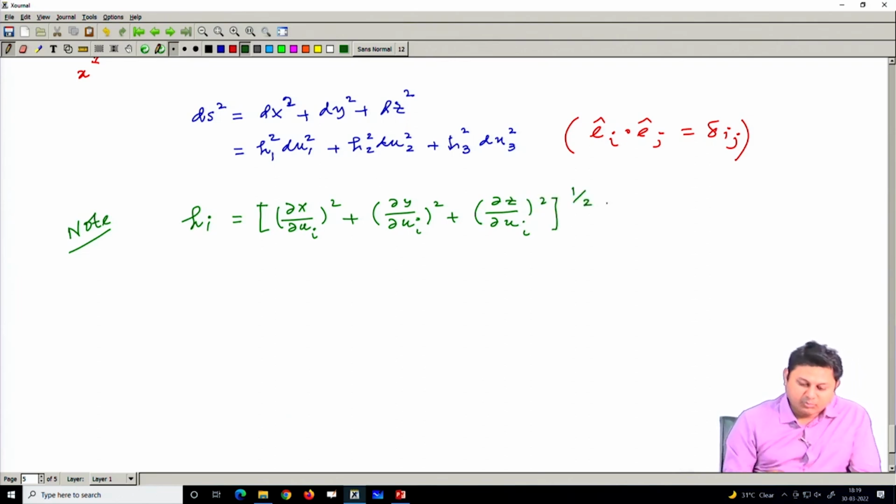This is a very important expression. For the time being, let us consider this is true, and then we will show in the later case how it is coming.